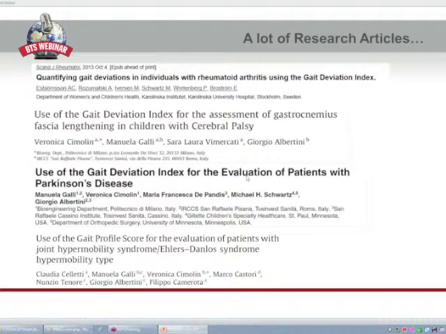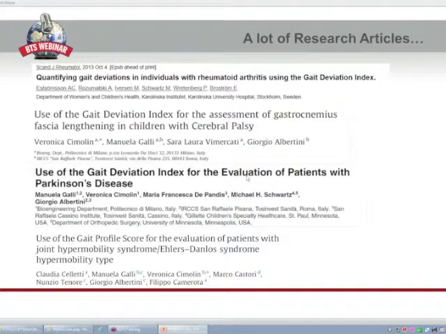So in general, we can say that many studies, a lot of research articles, have been published about the application of those two indexes in order to quantify the patient's functional limitation during gait or the outcome of a specific treatment.